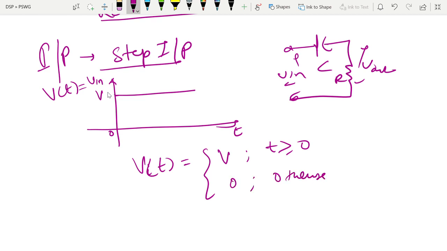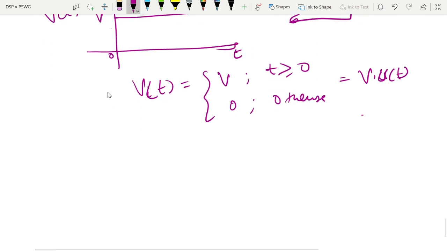So we can write it as V into u(t). Why? u(t) is the unit step function. It gives the value 1 when t is greater than or equal to 0. So if we multiply with V, we have the magnitude V, same as this signal. So we are considering V into u(t) as the input voltage.